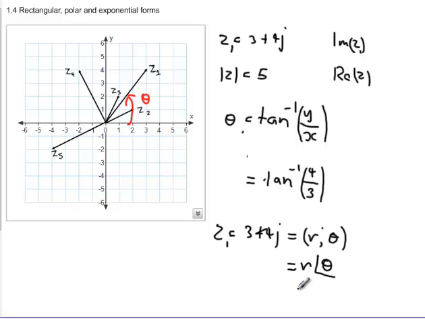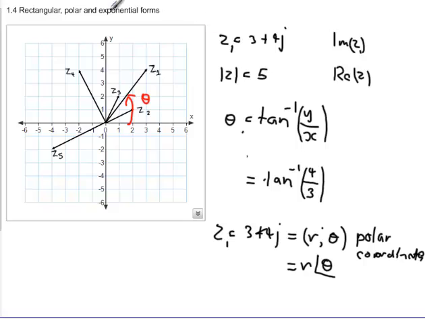Are you hearing what I'm saying? Then what is this now? This is what we call the polar representation. These numbers R and theta, as an angle, are called the polar coordinates. What are X and Y?